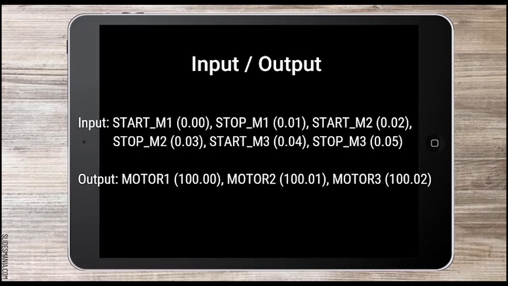Stop push button for motor 2, 0.03. And lastly, start push button motor 3, the operand is 0.04, and stop push button for motor 3, 0.05. While for the output, motor 1 is 100.00, motor 2 is 100.01, and motor 3 is 100.02.